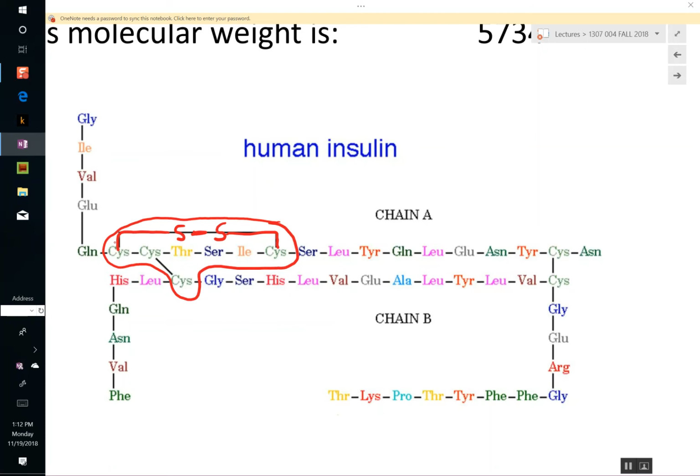So 20, 30 years ago, people who were taking insulin, they were actually extracting it from pigs, isolating it, and that's what was being prescribed for people with diabetes. And they would inject that insulin.